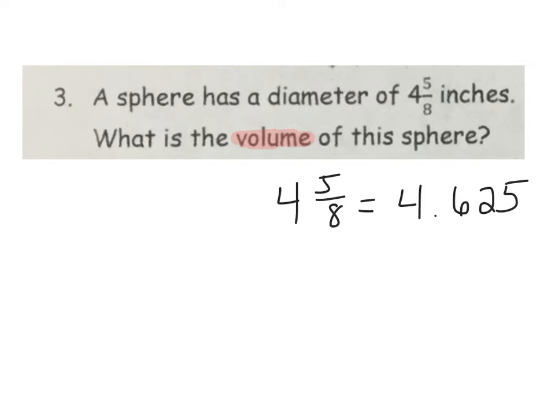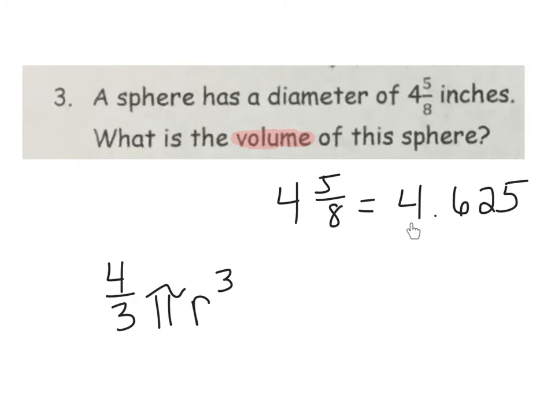Before I start out, let's write the formula for a sphere first. The formula for a sphere is 4/3 pi times the radius cubed. Very important that you're looking right here. This is cubed. A lot of y'all are putting the square there, so don't forget that. We need to find the radius.